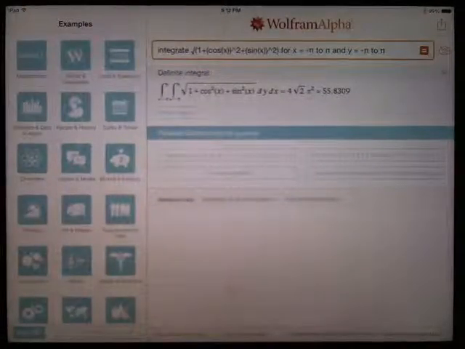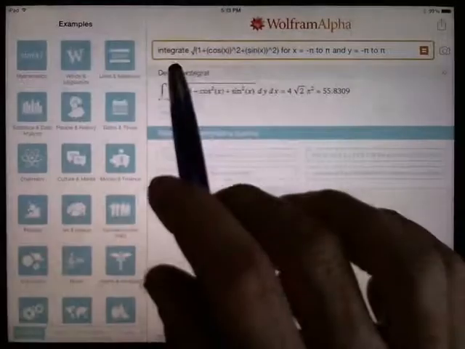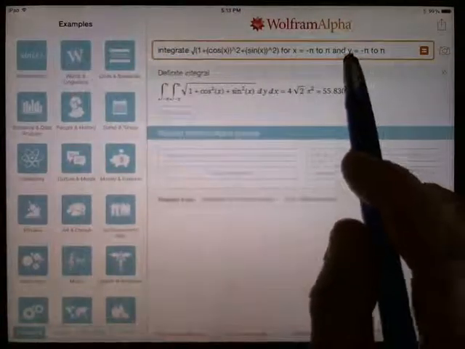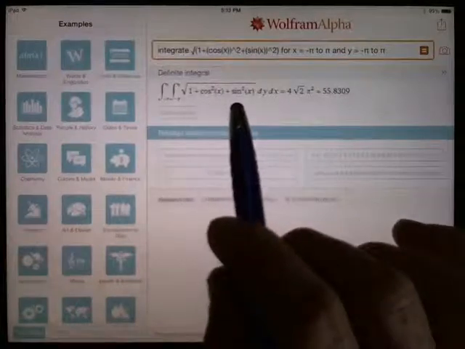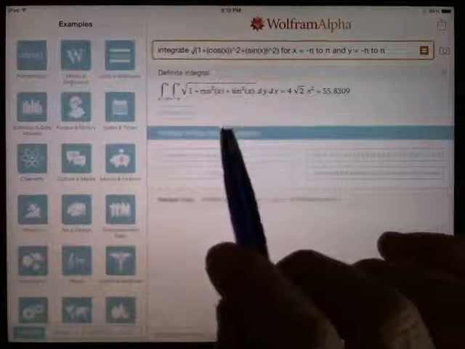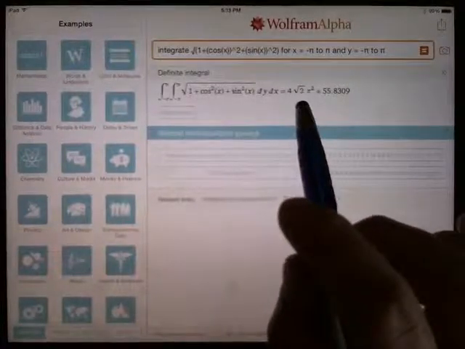My method for solving it was to go to Wolfram Alpha and say, please integrate this function from x equals minus pi to pi, y equals minus pi to pi. And it did that for me, and somehow it did it exactly. I'm not even going to try to claim I know how.